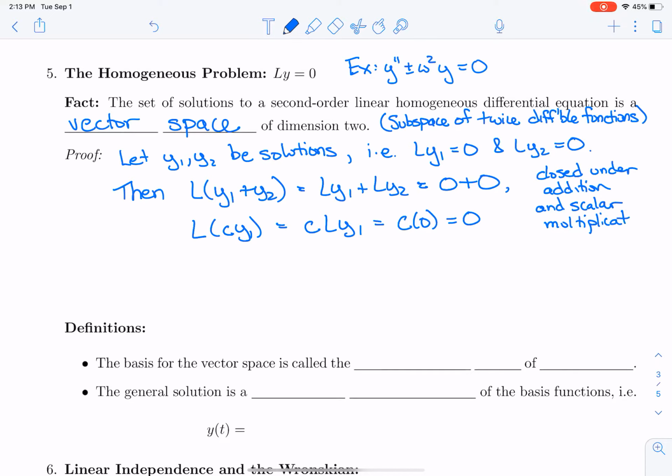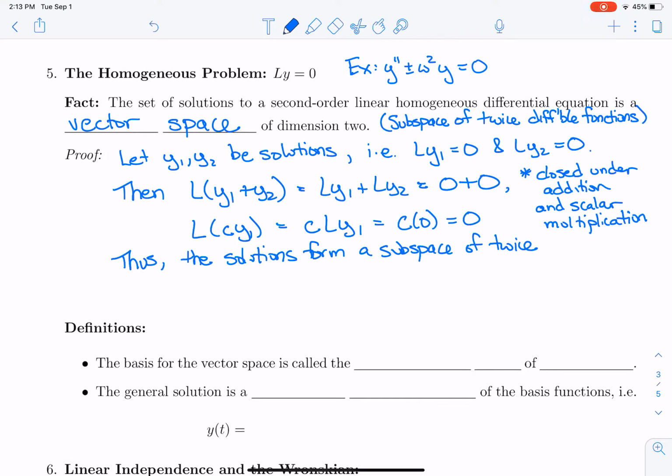since we've shown both of those properties, then we can say the solutions form a subspace, and it's a subspace of the twice differentiable functions.